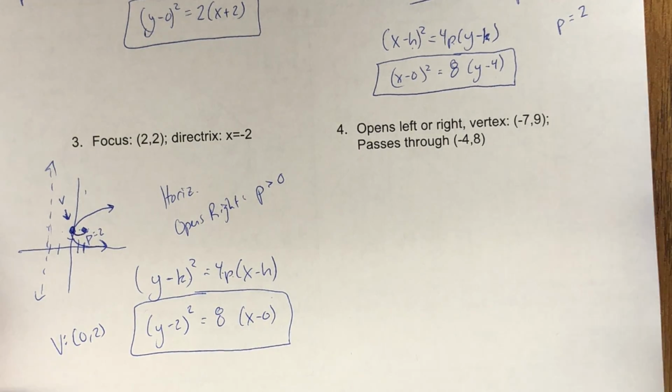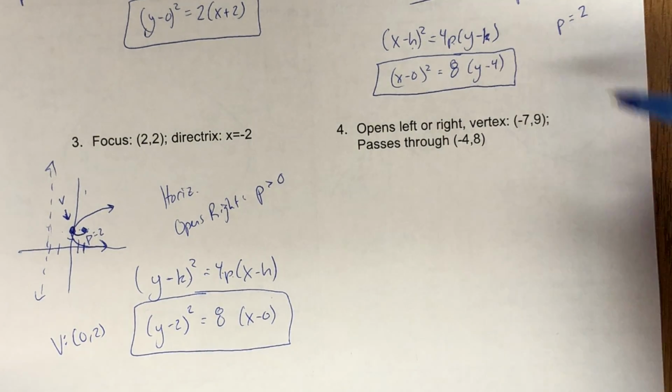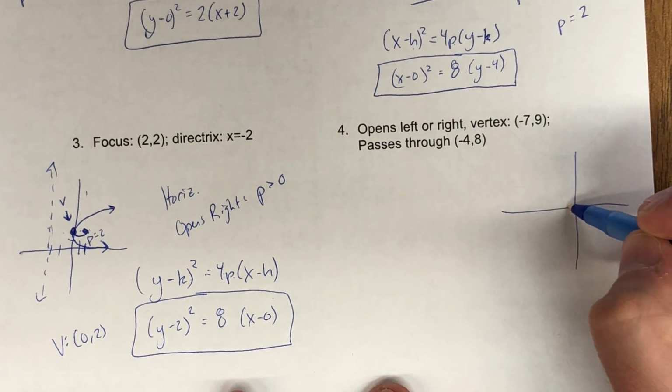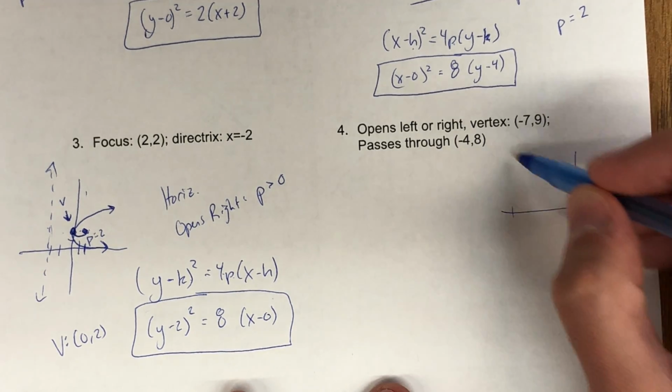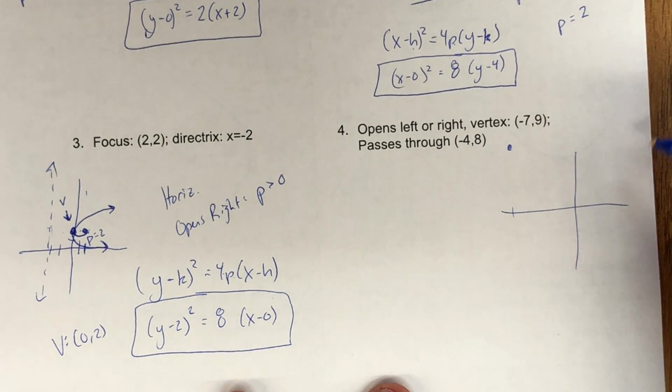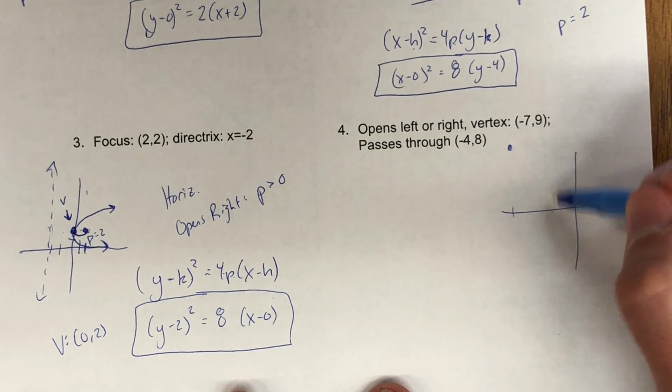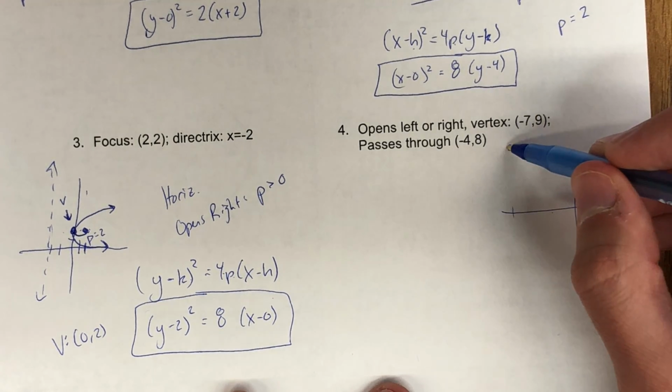Okay, for the other, it says it opens left or right, so we're not really sure yet. The vertex here is at -7, 9, so it's somewhere way up here. And it passes through the point -4, 8. So something like this.